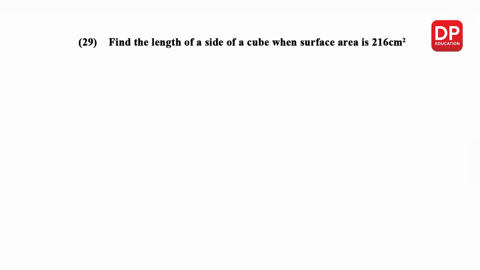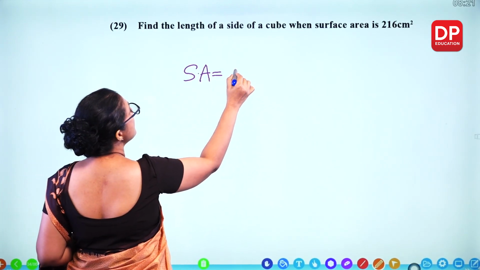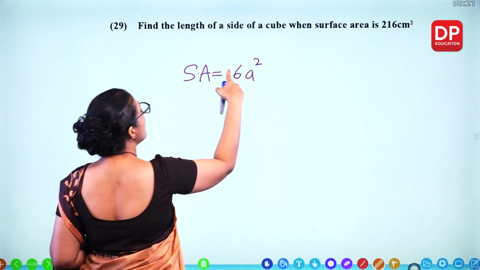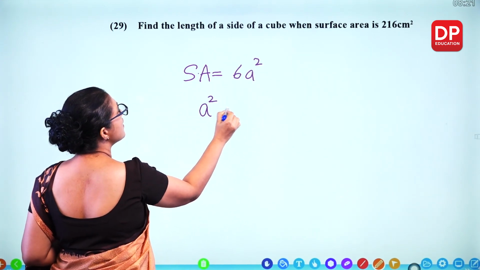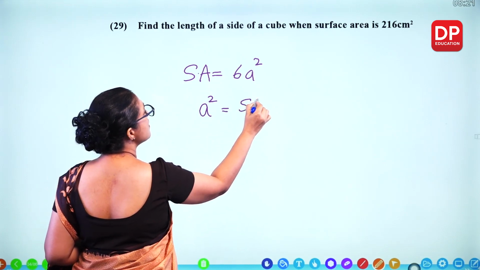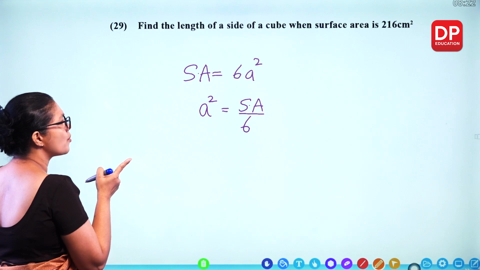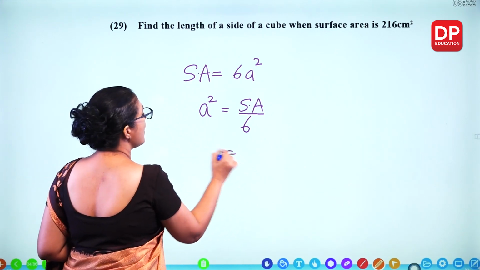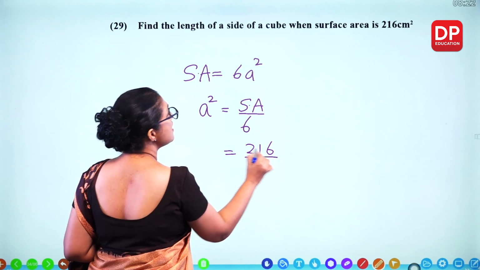Find the length of the side of a cube when the surface area is given. So we know surface area is 6A squared. Now we need the side length. So what is A squared? You can divide the surface area by 6 and take the square root. So the surface area is 216.